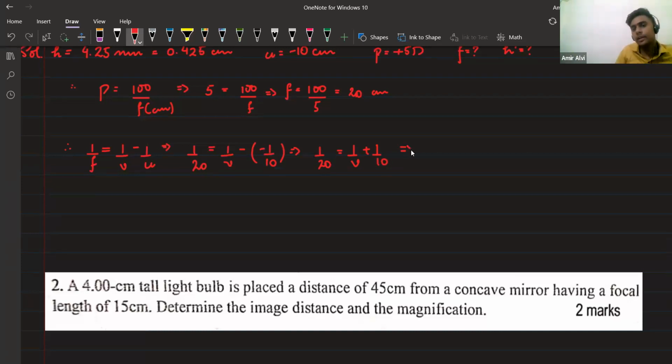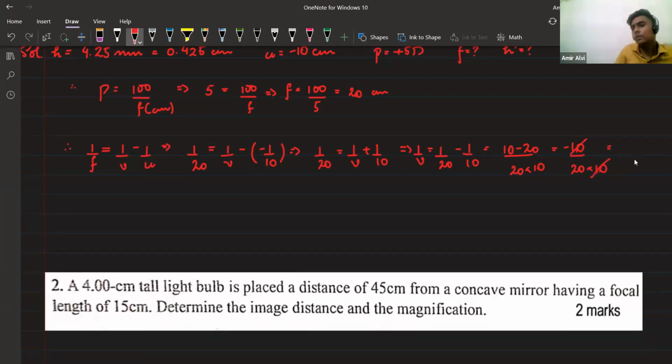Shifting on the left hand side, so it would be 1 by v, 1 by 20 minus 1 by 10. Cross multiplying them, 10 minus 20 divided by 20 into 10. Minus 10 divided by 20 into 10. This will cancel this.